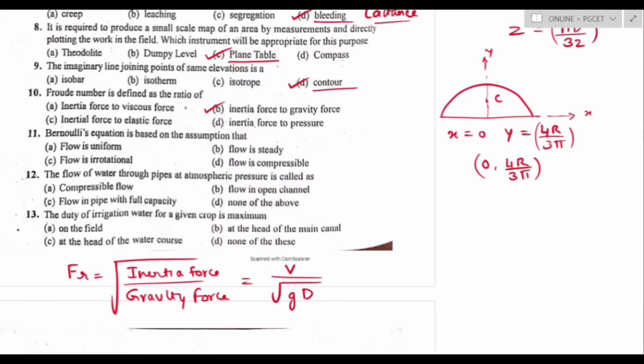So, Froude number is defined as the ratio of inertia force to gravity force. Option B is the right answer.